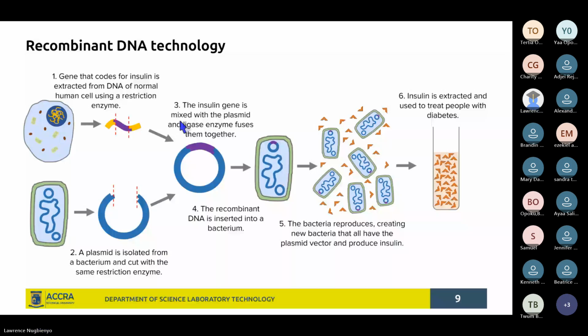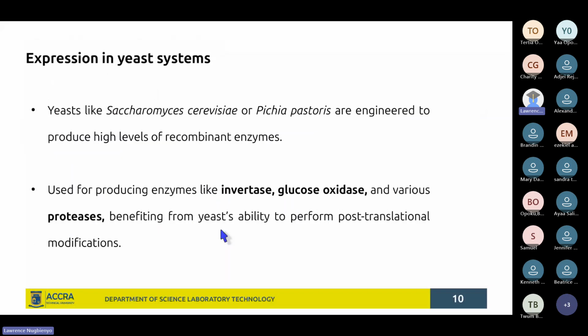Now, we do see also that you have systems of, say, yeast that are also engineered in this manner, to produce levels of recombinant enzymes.